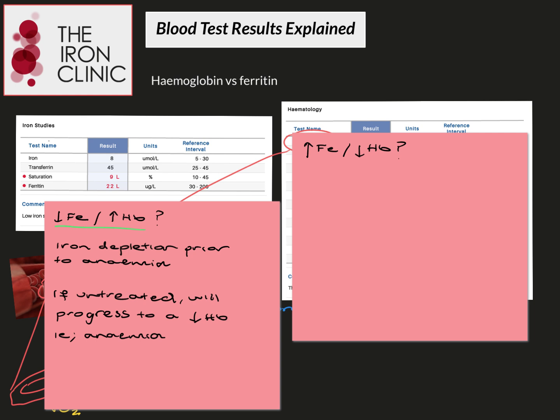What about situations where you see a high ferritin and a low hemoglobin? This scenario can be seen in conditions such as anemia of chronic disease or inflammation. In chronic diseases or inflammatory conditions, the body's response involves producing more ferritin, i.e. storage, as a way to sequester iron or keep it away from pathogens to manage inflammation.